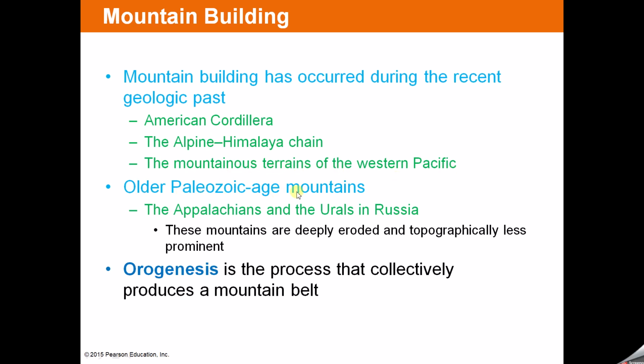And old Paleozoic age mountains, we have the Appalachians and the Urals in Russia. These old mountains are deeply eroded and topographically less prominent, but the young ones are topographically very prominent. So we have a term called orogenesis, the process that collectively produces a mountain belt.